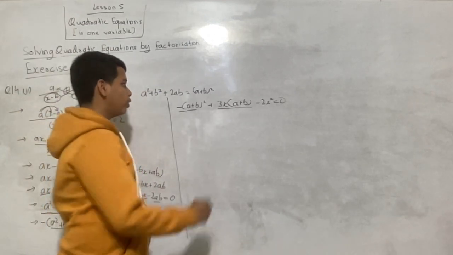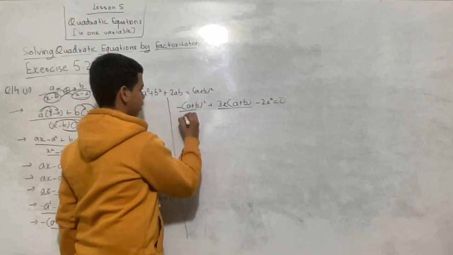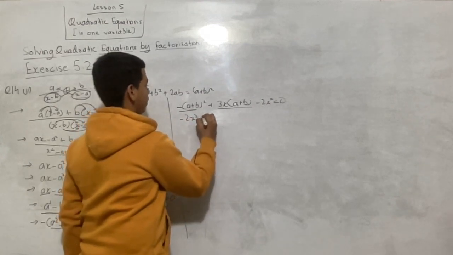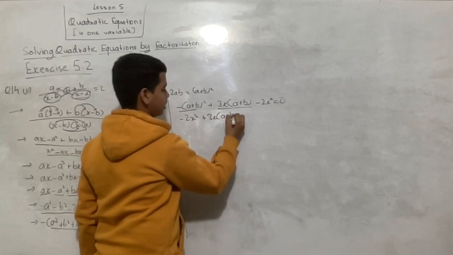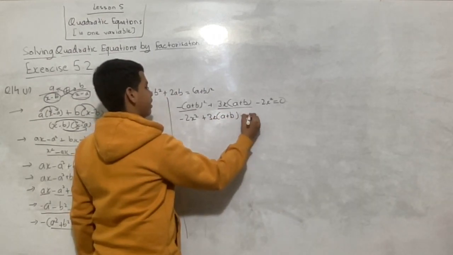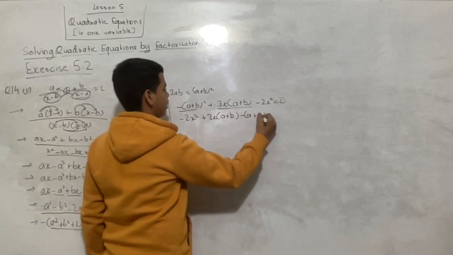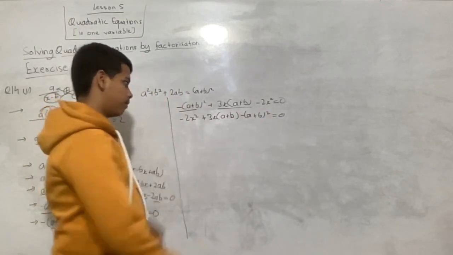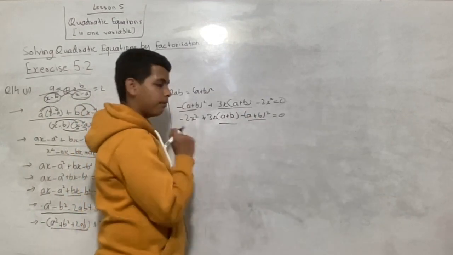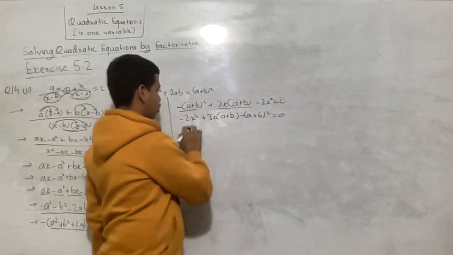Now we have to rearrange this: minus 2x square plus 3x(a plus b) minus (a plus b) whole square is equal to 0. Now you can say we can factorize these two because a plus b is common, but we cannot factorize 2x square.